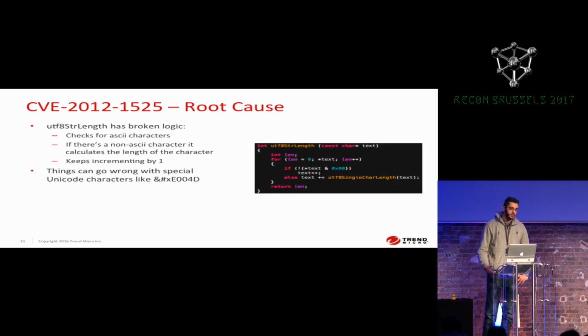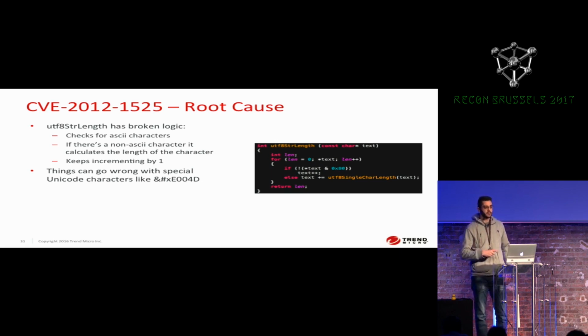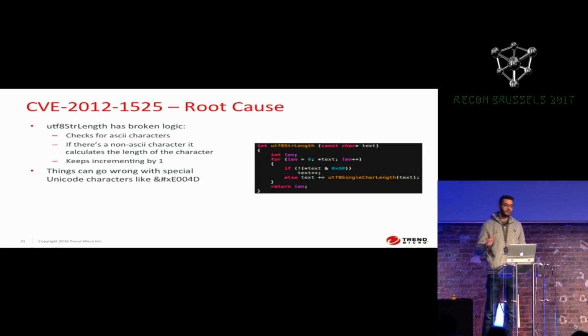So we went back to the Sablotron source code just to do some analysis, and we figured out that the core of this bug was because of the way the length of the string was being calculated, basically inside UTF-8 str length. The way this works is that it loops through the string, byte by byte, and checks the length of each character, and it keeps incrementing by 1.